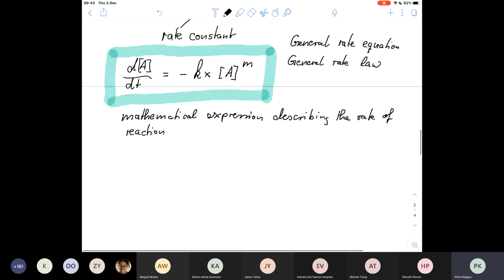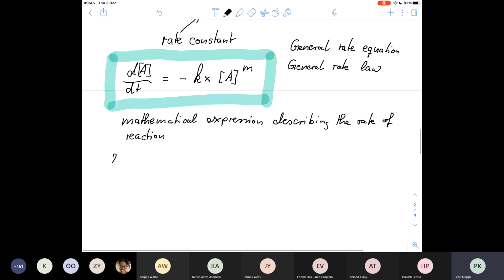Now let's try and disentangle this a little bit, and we've started already with that. So let's talk about this K. This is the rate constant. And for all intents and purposes, this constant is what it says on the tin. For most cases, we consider it as being a constant. It doesn't change much.